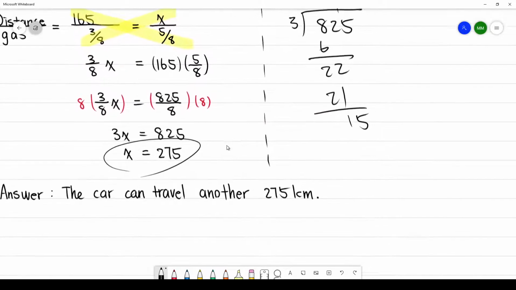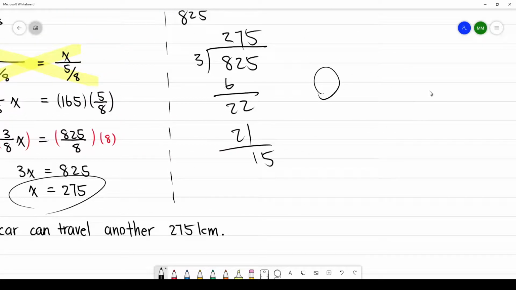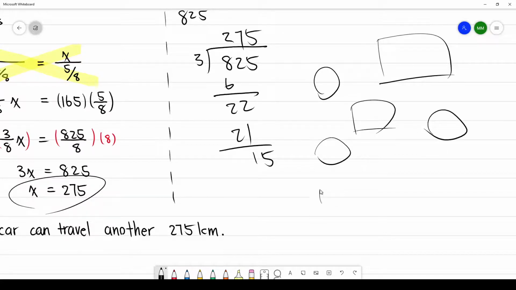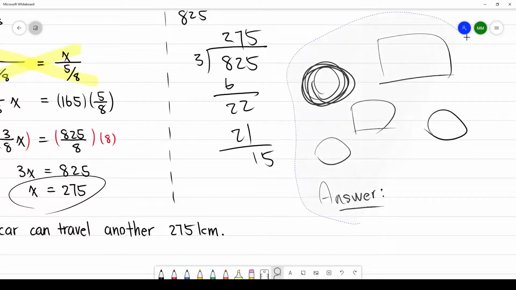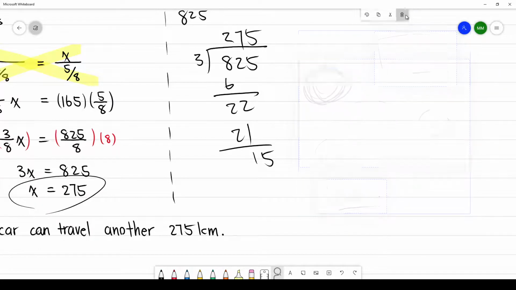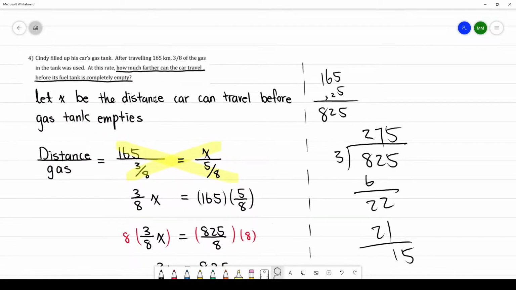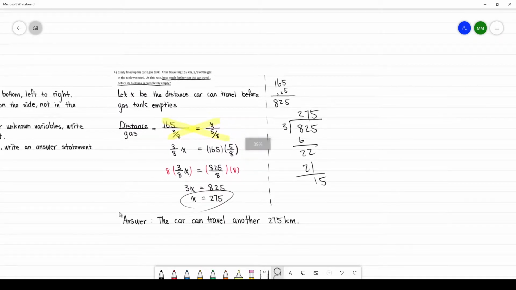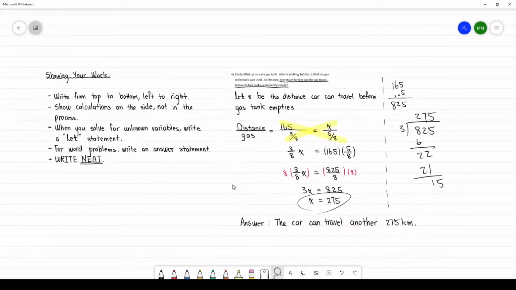But because it's all over the place, with something here and then work there, when you write your answer at the end, you got the right answer, but then you probably misread it because of the messiness, and you put down a different number, and that is very unfortunate. You got the right answer, but your answer statement is wrong, and that means your whole question is wrong because your answer statement is wrong.